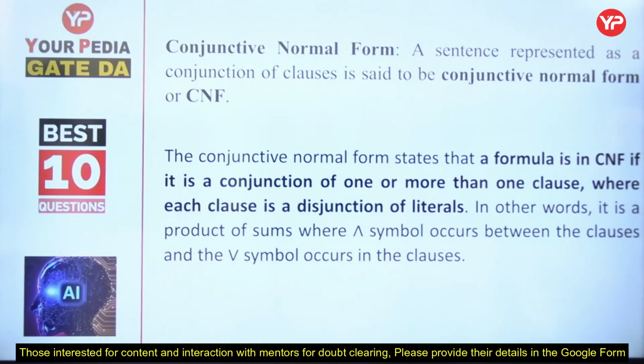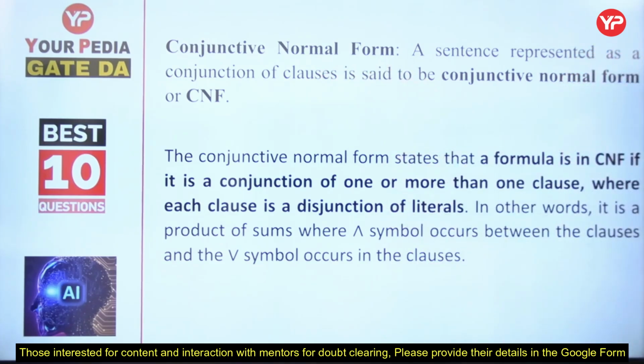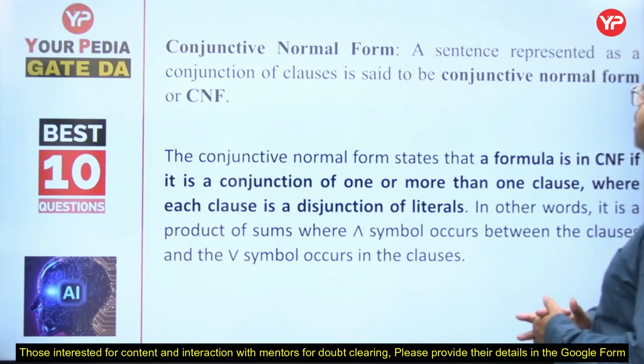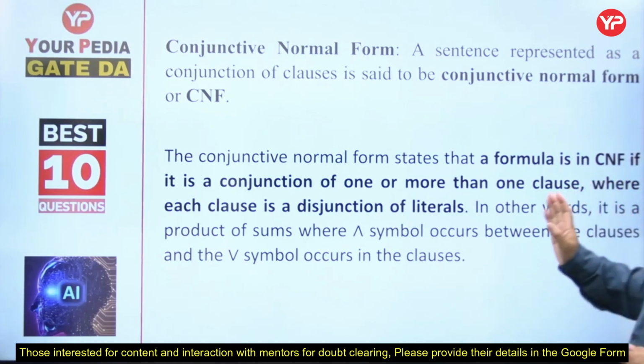What is CNF? It's conjunctive normal form. A sentence represented as a conjunction of clauses is said to be in conjunctive normal form. The conjunctive normal form states that a formula is in CNF if it's a conjunction of one or more clauses, where each clause is a disjunction of literals.